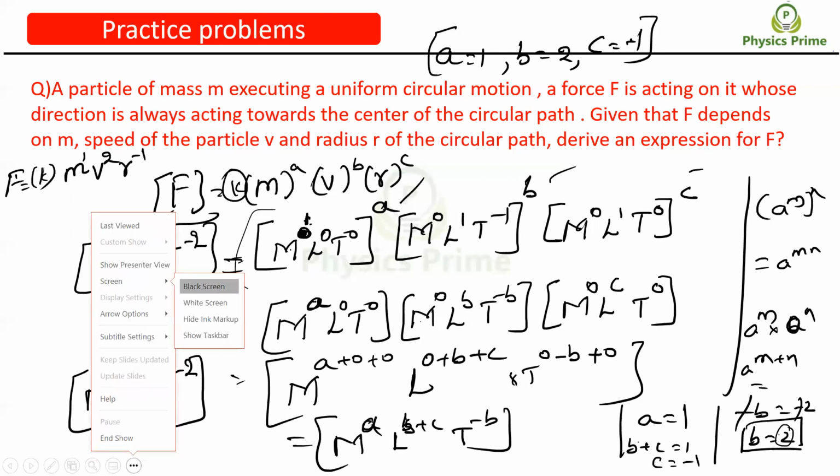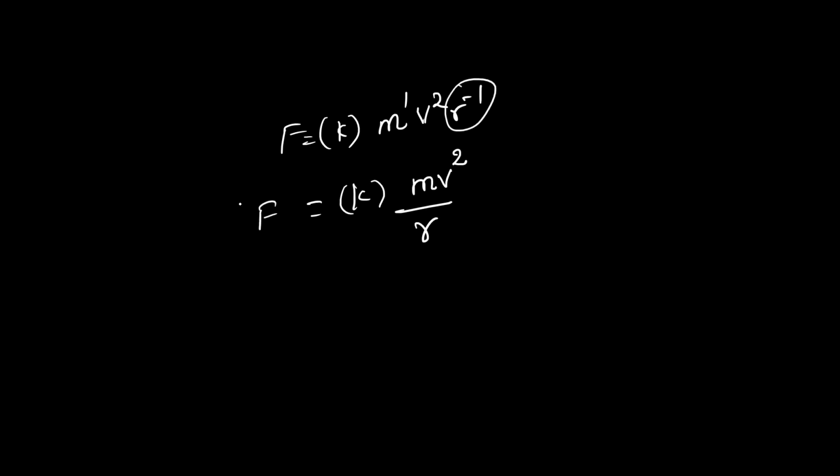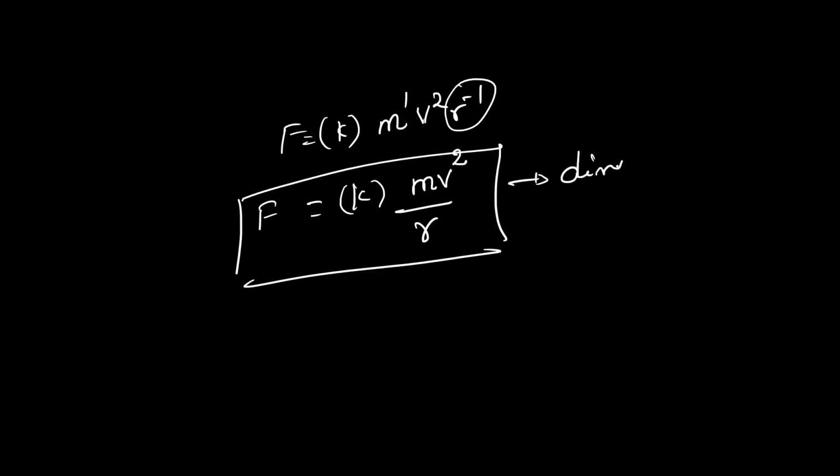Force is equal to some constant into M power 1, V power 2, R power minus 1. You got it, right? Can I write this as K into MV square by R or not? So this is the formula that you got using dimensional analysis.